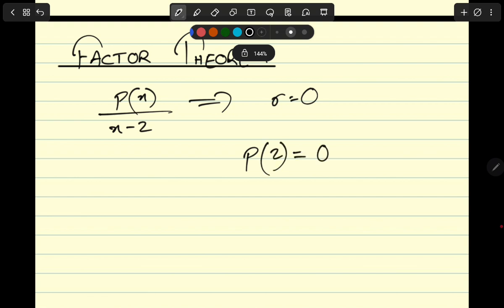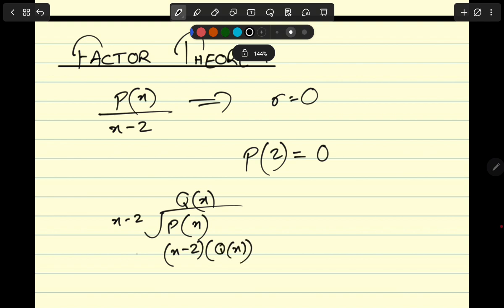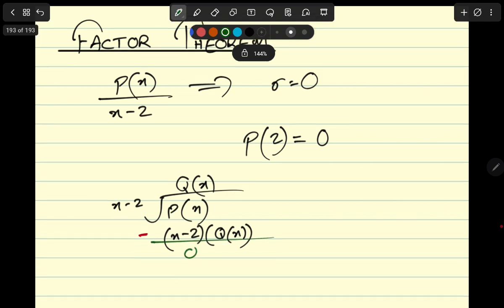It means the remainder when divided by x minus 2 is 0. So there's going to be a certain quotient, and you are going to multiply this divisor by a certain quotient and subtract it. When you do that, you find a remainder, and they're saying that the remainder is going to be 0.